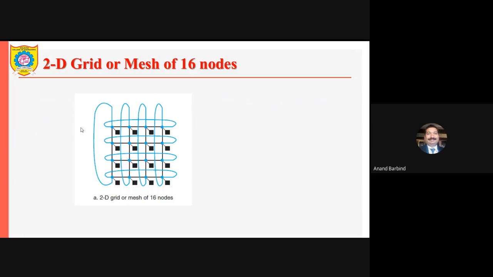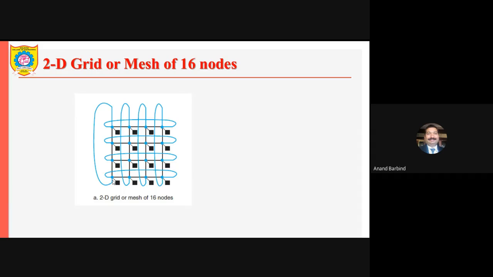You can have various types of interconnected network between the nodes. So one type is this 2D grid or the mesh of 16 nodes. You can see the mesh is formed of 16 nodes, and they are connected in this particular fashion.